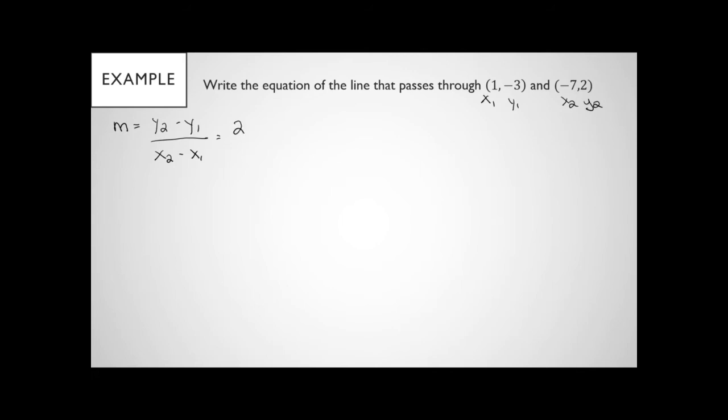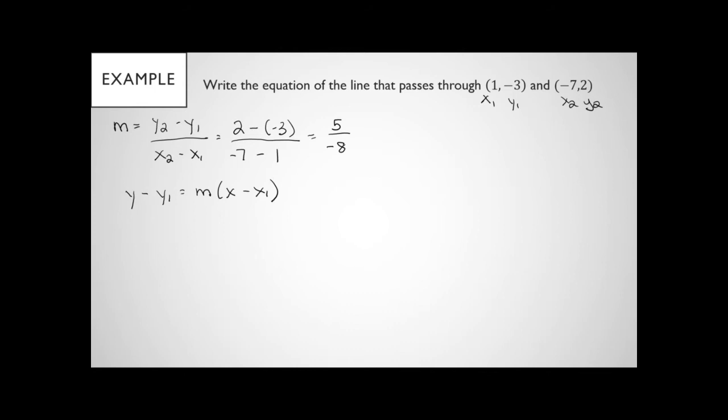So this will be 2 minus a negative 3 coming from the y values, and then negative 7 minus 1. So 2 minus negative 3 is 2 plus 3, so that's 5. Negative 7 minus 1 is negative 8. So we're going to have a fraction here. Now the equation of the line, we have y minus y1 equals our slope m times x minus x1.